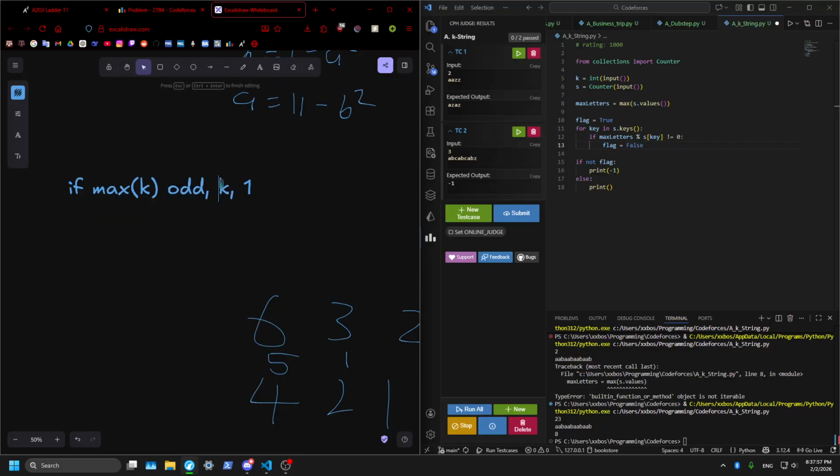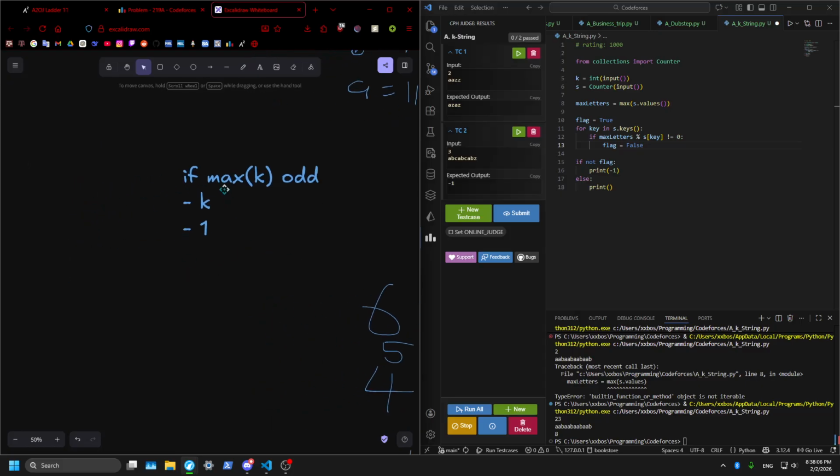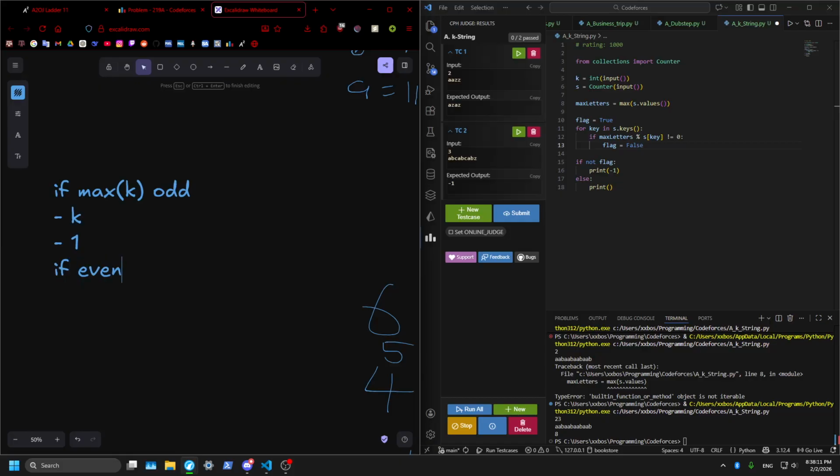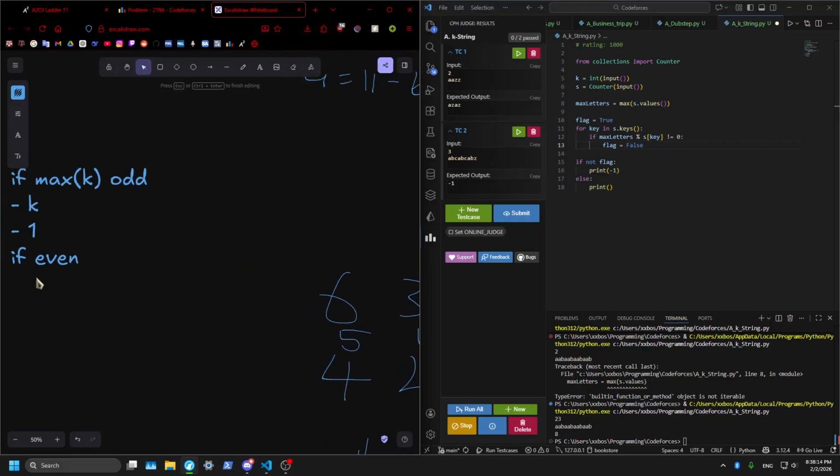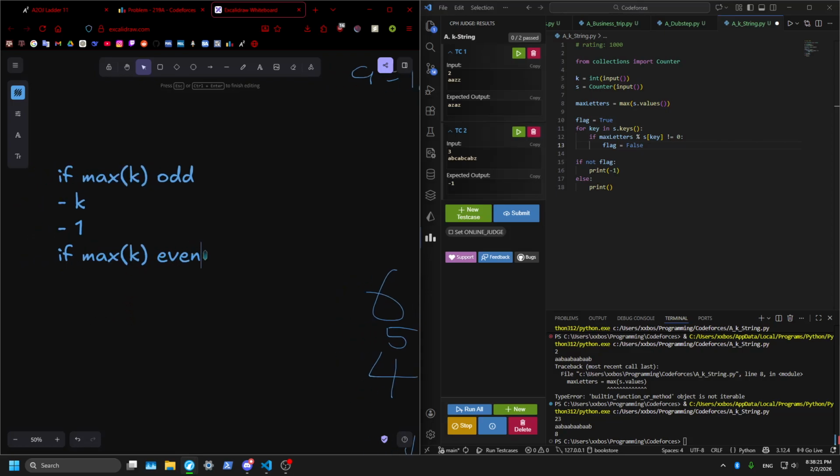If max k is odd, our cases are k and 1. If even, it seems to be k divided by 2.